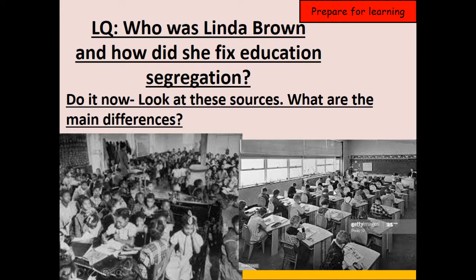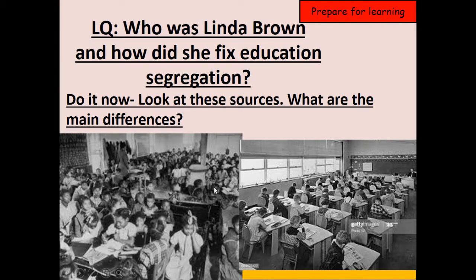Now, source B is a white school in the 50s. So this is what white children's classrooms would have looked like. Whereas source A is a coloured school for black children and any other ethnic minorities in America at the time, Asians, Mexicans, Native Americans. This is what they would have had for school.